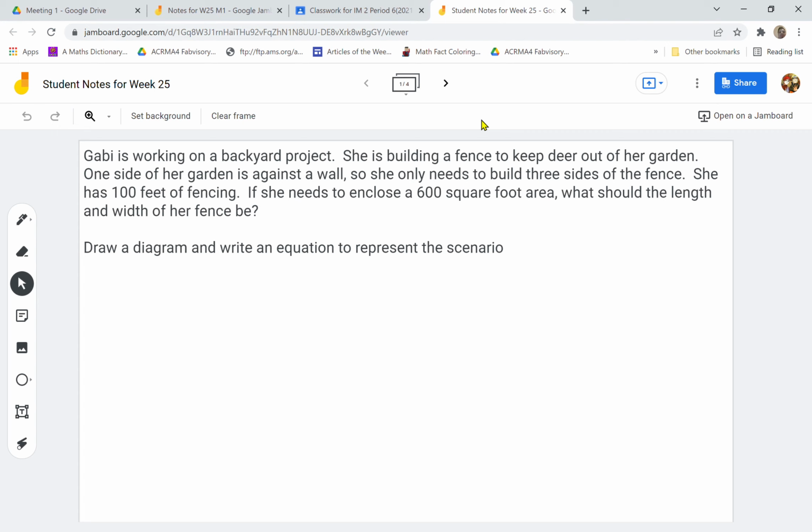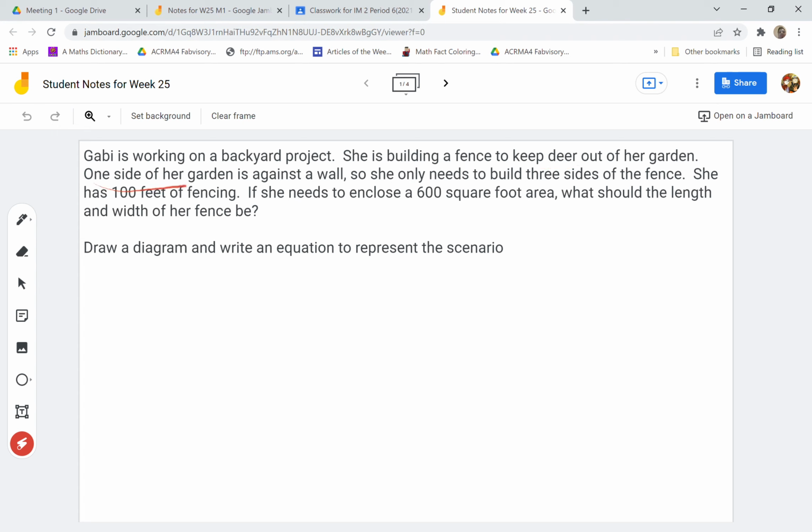All right, I was absent on Monday, so I'll go over this question here. This question states that Gabby was working on a backyard project. She is building a fence to keep deer out of her garden.